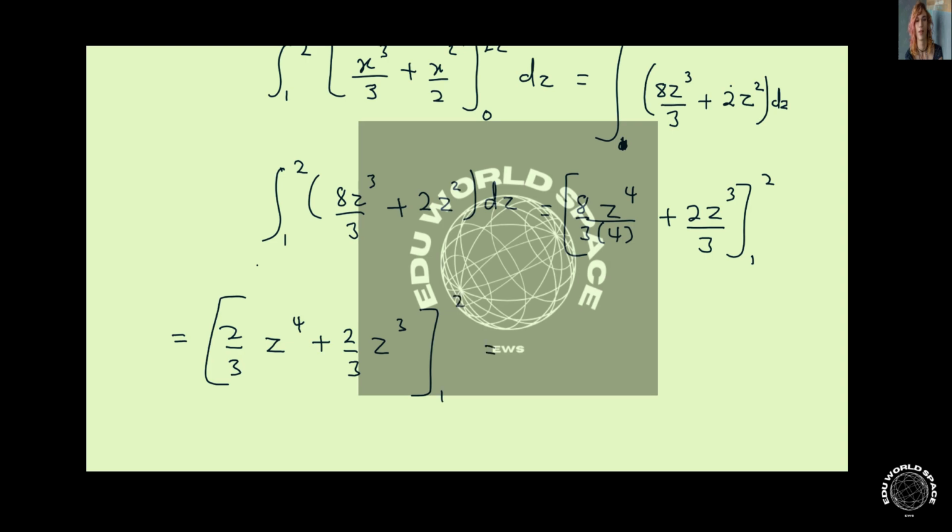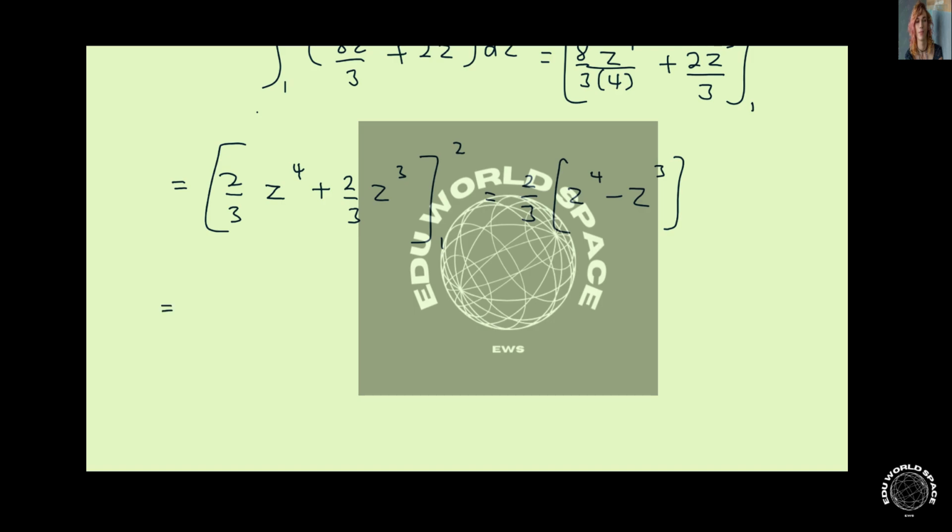You can bring the 2 over 3 out because that's a constant, and we'll have z to the power 4 minus z to the power 3. Putting in the boundaries from 1 to 2, we would have 2 to the power 4 minus 2 to the power 3, then minus 1 to the power 4 minus 1 to the power 3.